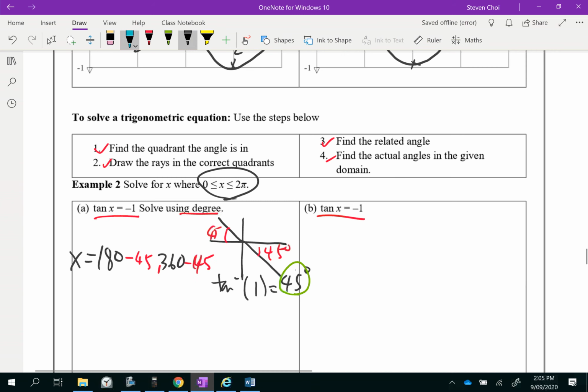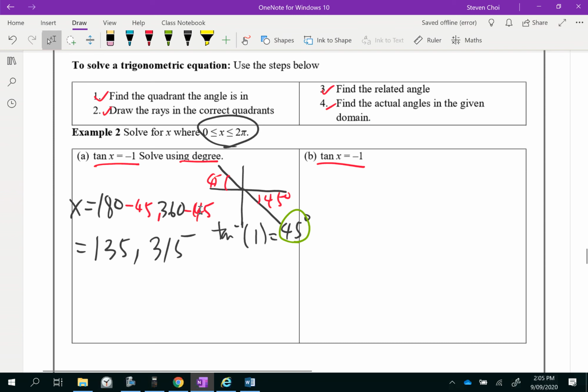And then you end up with 135 and 315. Now be careful, that's not your final answer. It's important to note that the domain is in radian, so you have to convert to radian. So you have to multiply by pi over 180.